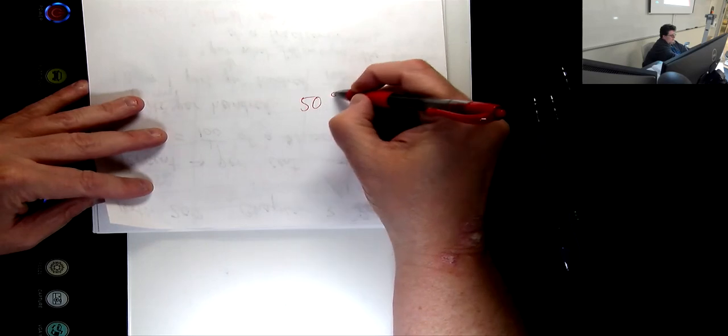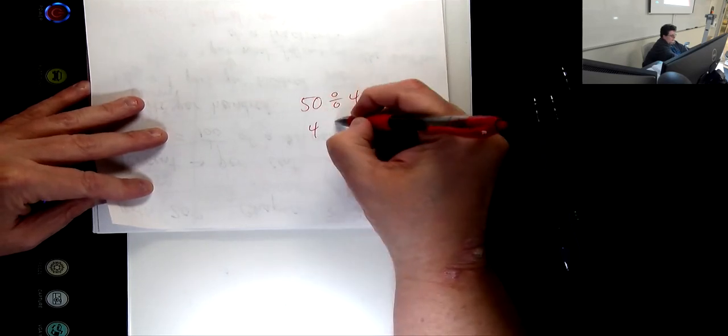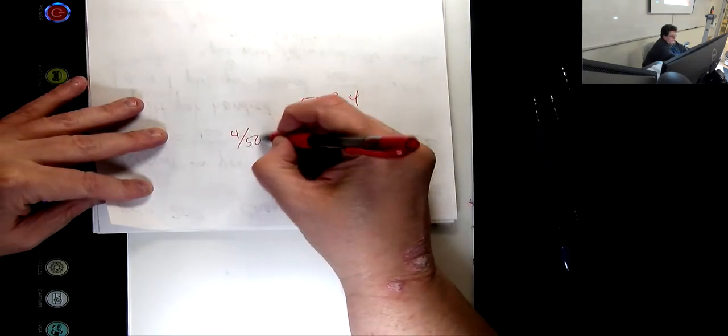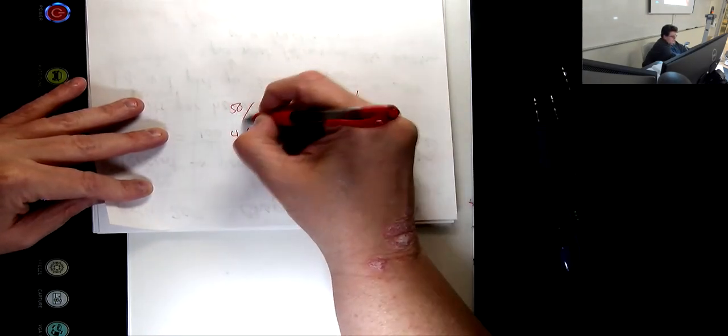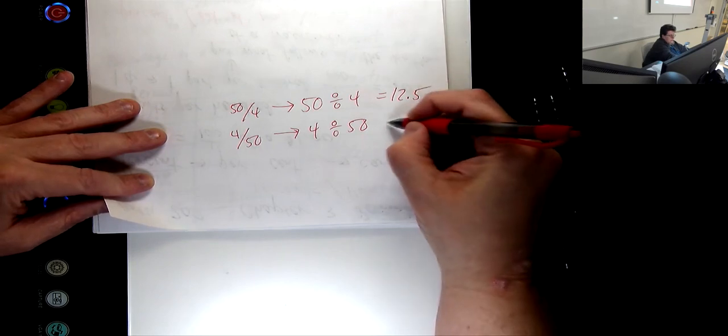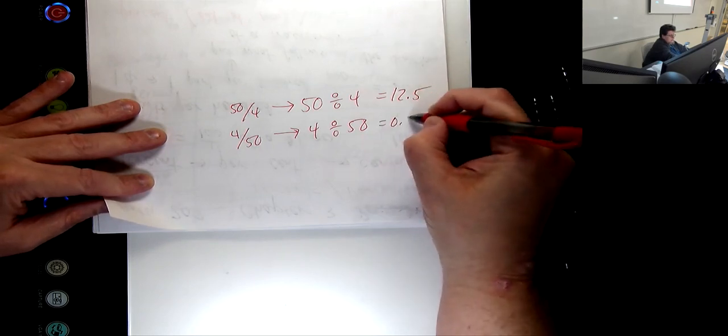These are two different things. The 4 over 50 is that one. This is 50 over 4. Oh, whoops. That's a good check. This gets you 12.5, right? And this is 0.08.